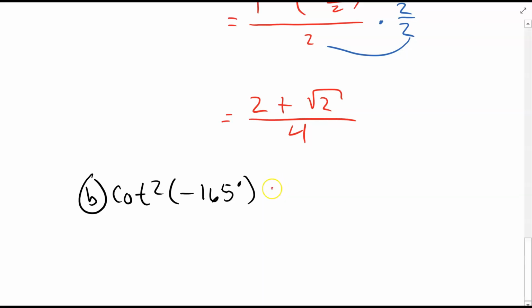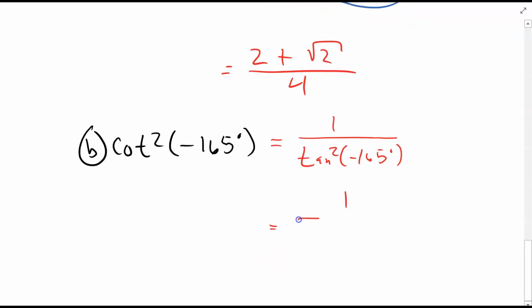Yeah, I can change this to tangent. So what is cotangent squared in terms of tangent? Yeah, 1 over tangent squared of negative 165 degrees. Good. And now I can apply my power-reducing identity.